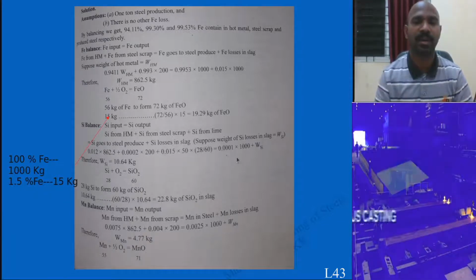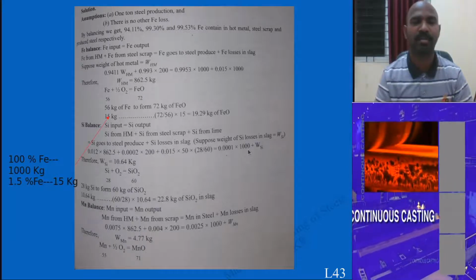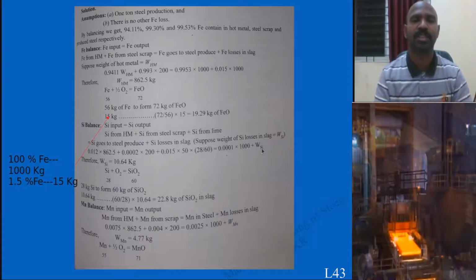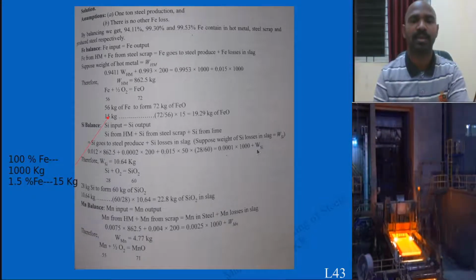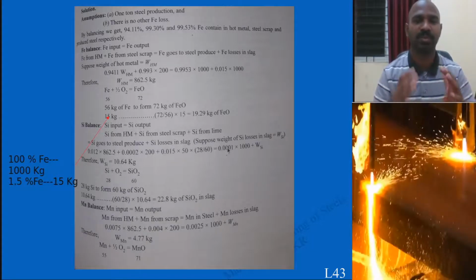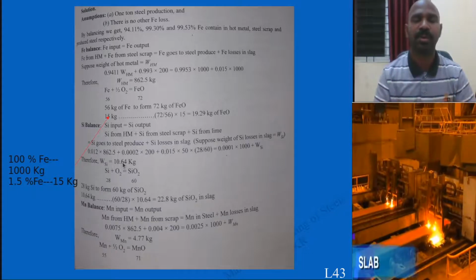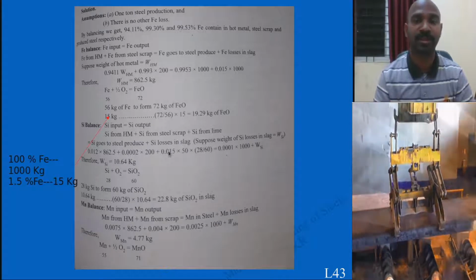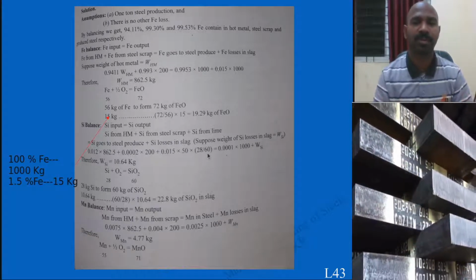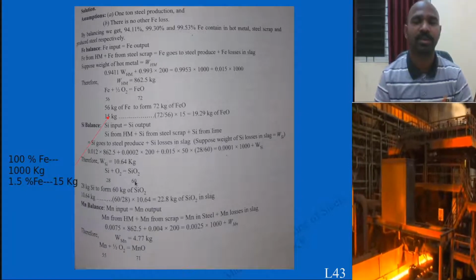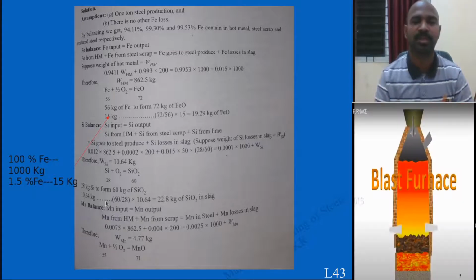And similarly, Si goes to steel, this fraction in the steel and into steel with respect to the 1 ton steel. This is what you are supposed to calculate. Finally, when you reshuffle this, simplify it, you will be getting this answer. But this is with respect to this fraction also. Since it is SiO2, you converted into the Si form, you substituted this atomic weight, but you are supposed to calculate SiO2 total weight in the slag.